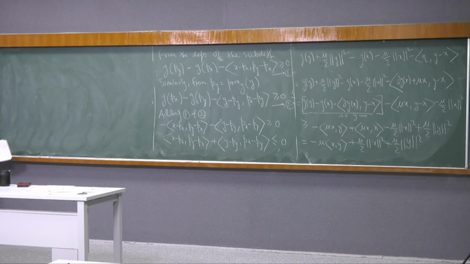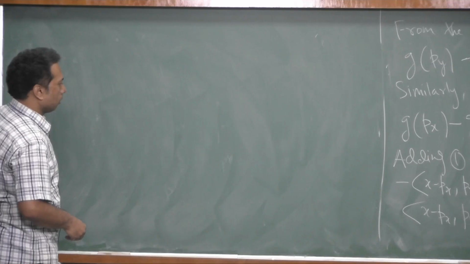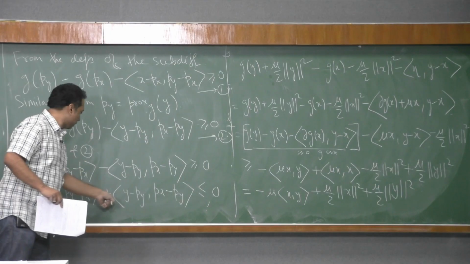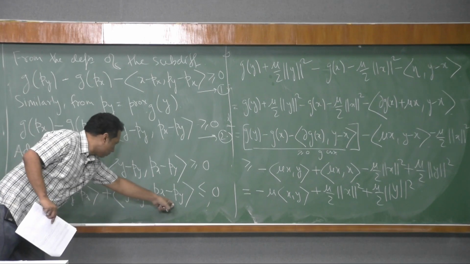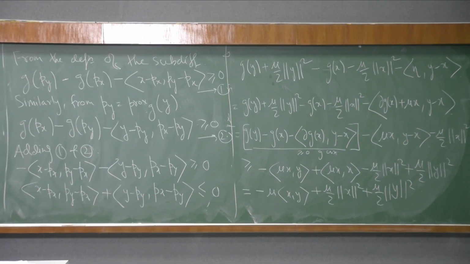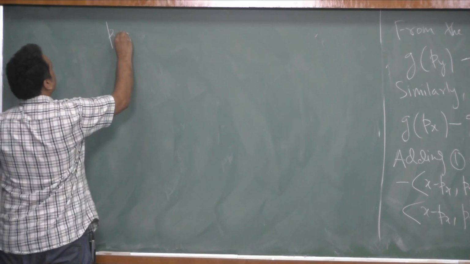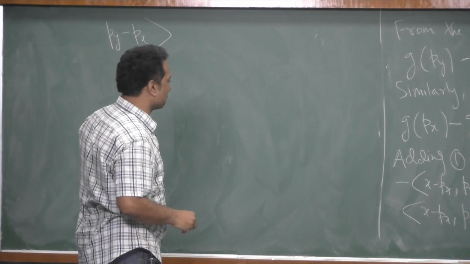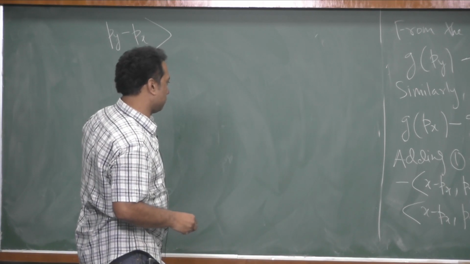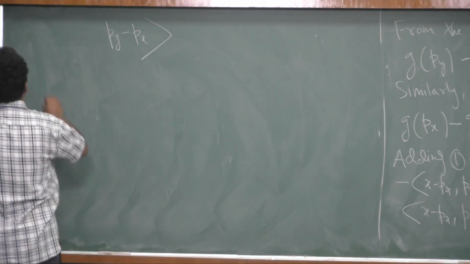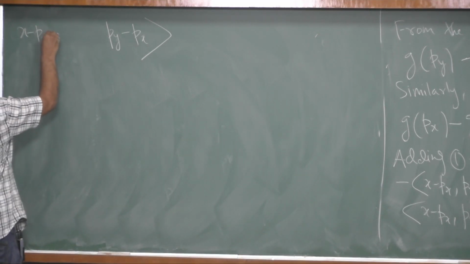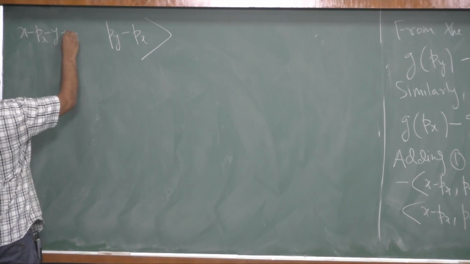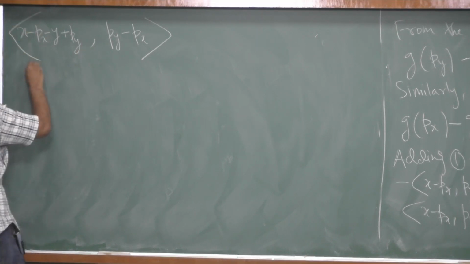So if we look at that, then what we can do is, since we are looking for py minus px, we'll change the sign here, and this argument will become common. So py minus px, and then I will have x minus px minus y minus py. So x minus px minus y plus py, okay, I hope it's correct.